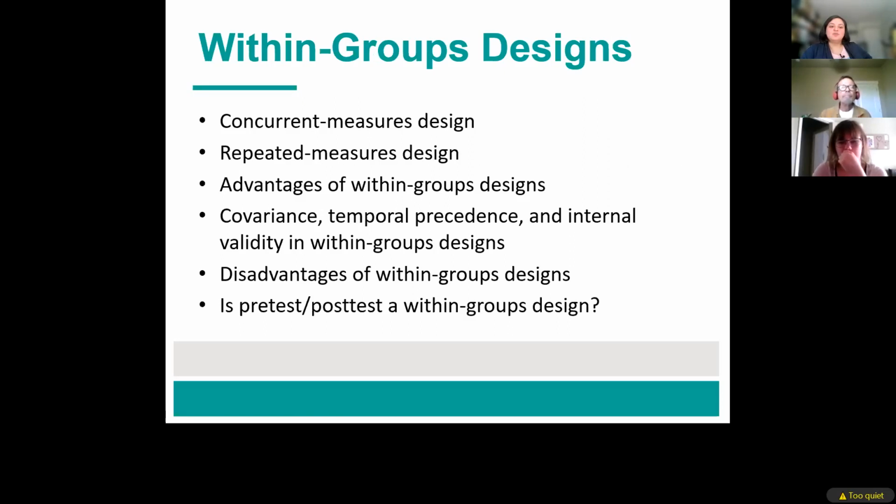All right, so within groups designs, so there are concurrent measures designs, repeated measures designs. We're going to talk about the advantages of within groups designs, covariance, temporal precedence, and internal validity in within groups designs, disadvantages of within groups designs, and whether pretest and post-test is a within groups design.